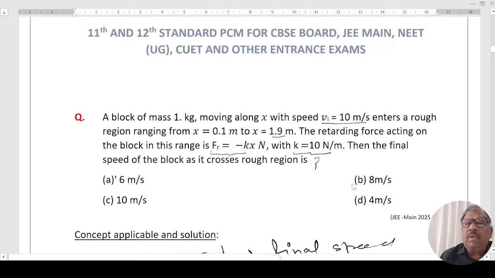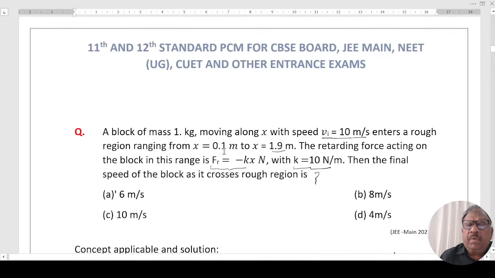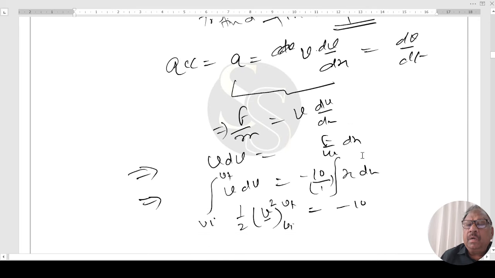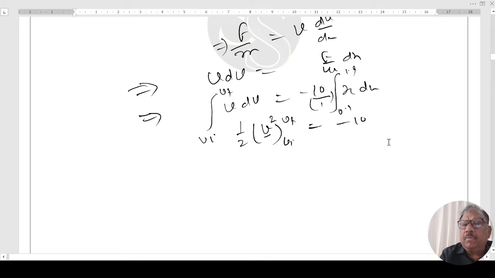In this case, limits are given to you, 0.1 to 1.9. On simplification, we get 1 by 2 x square from 0.1 to 1.9.